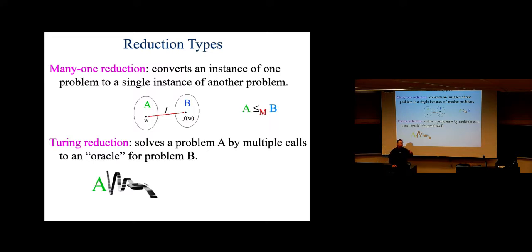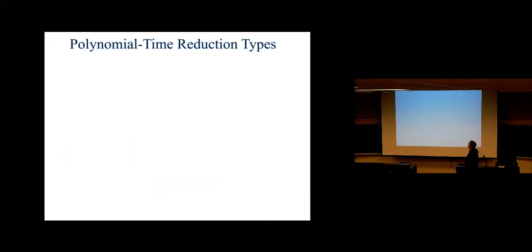Instead of doing that, you can just use the oracle or the subroutine for problem B again and again in solving A. So you're not restricted to one call, one shot kind of reduction. That's called a Turing reduction. Usually here we will focus on many-one reductions, even though Turing reductions are sometimes used as well.